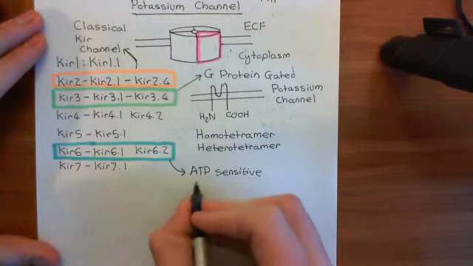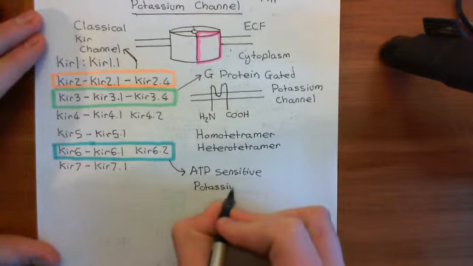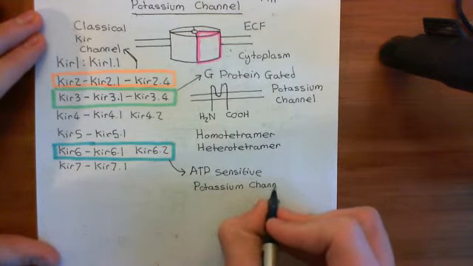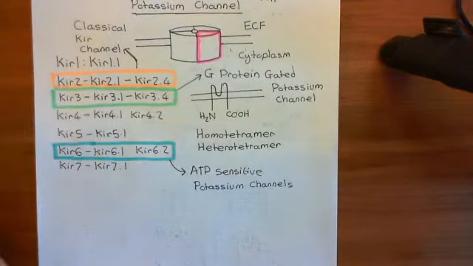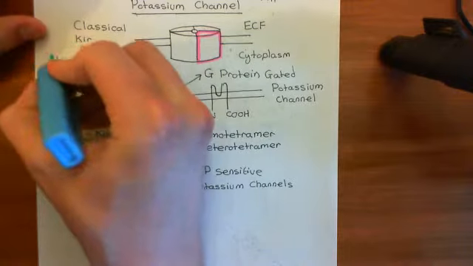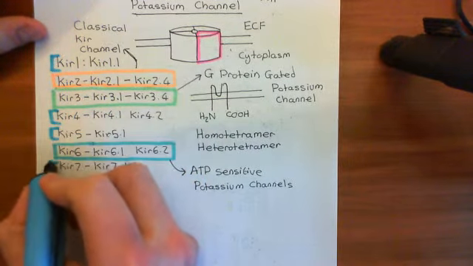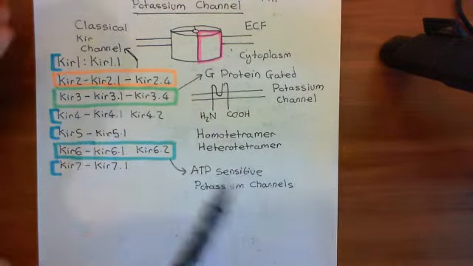And finally, if you produce inwardly rectifying potassium channels where the subunits are from any of the other remaining four families, so this one, this one, this one, and this one, then you will be known as a potassium transport channel.